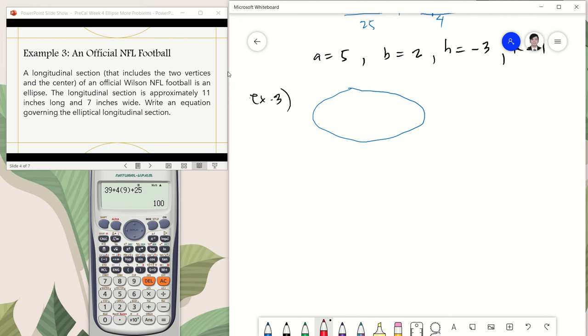So that is our major axis. It is 11 inches long, which is the length of our major axis.